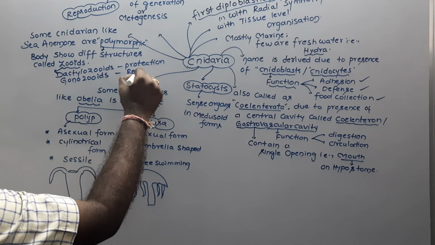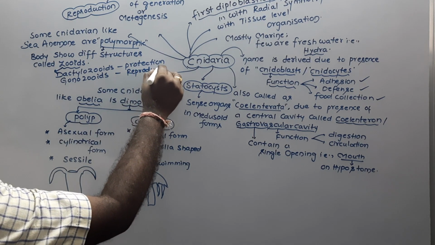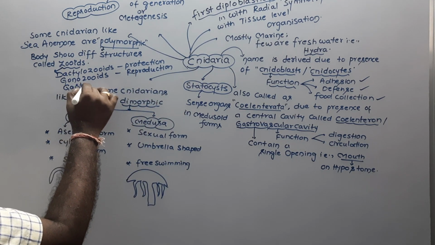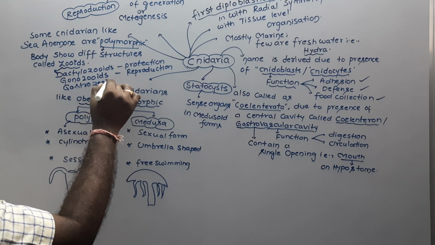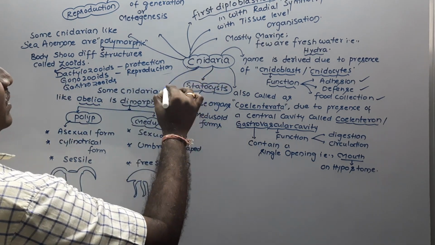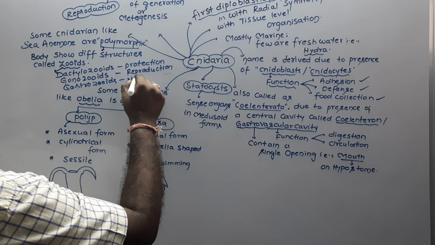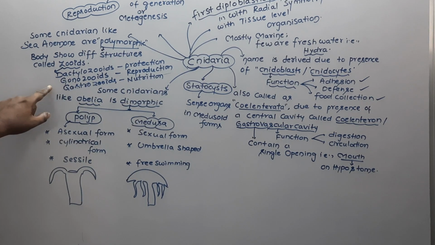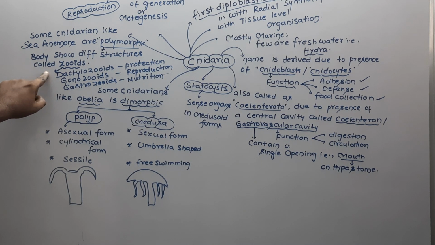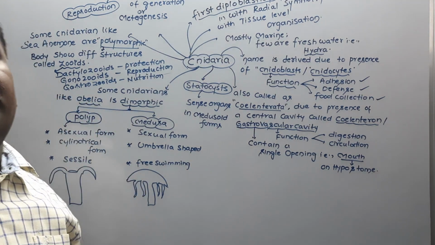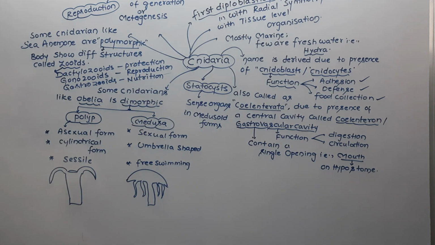Some zooids are involved in nutrition, called gastrozooids. If the body has different types of structures involved in different functions, we call it polymorphism. So nutritive zooids are gastrozooids, reproductive zooids are gonozooids, protective zooids are dactylozooids. Thus three types of different structures are present in the body, and that is called polymorphic.